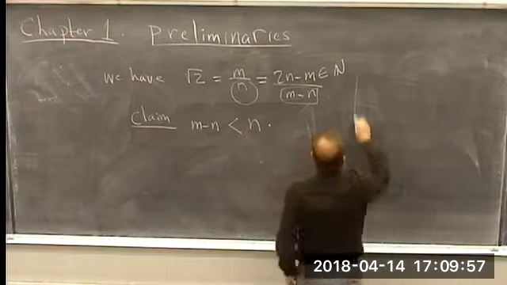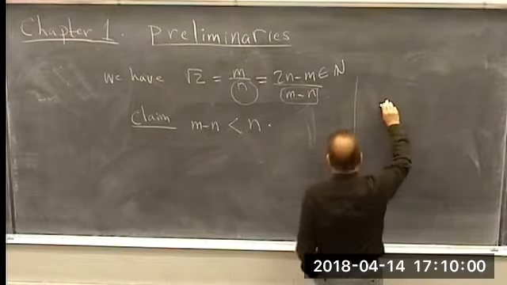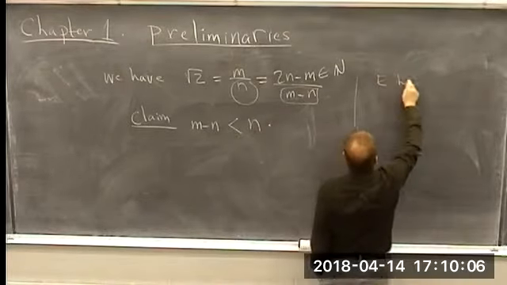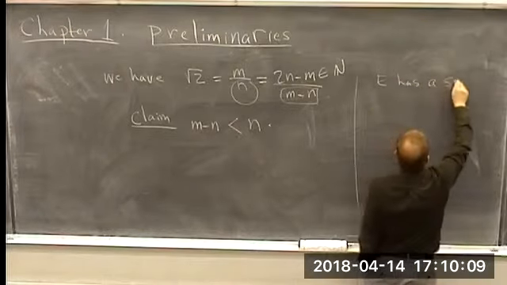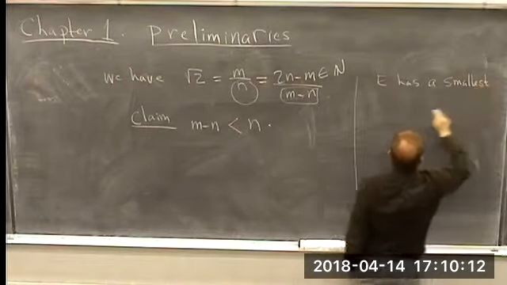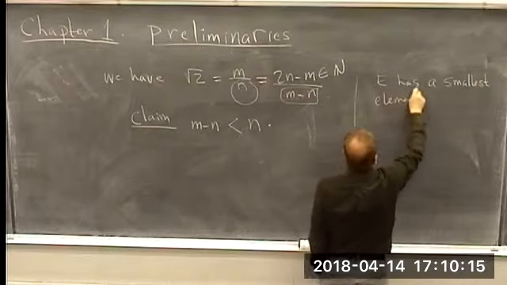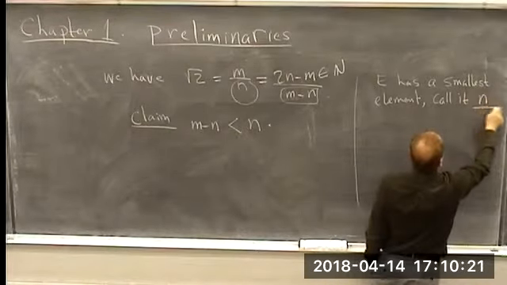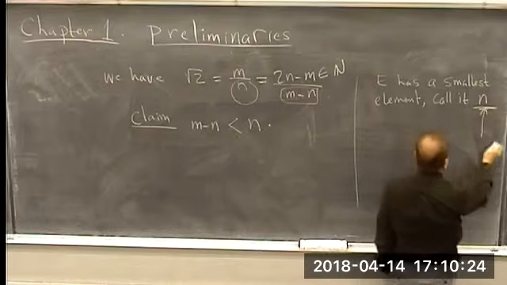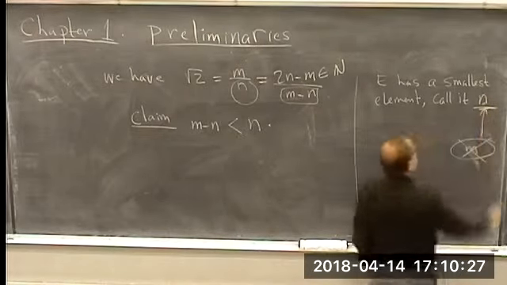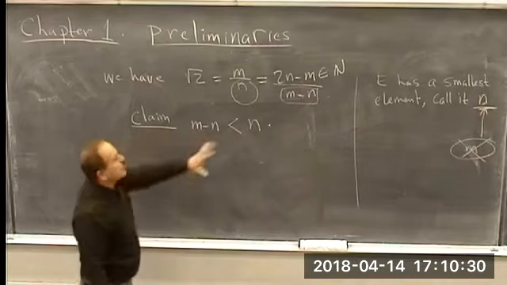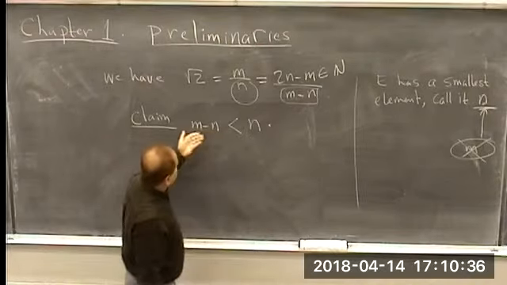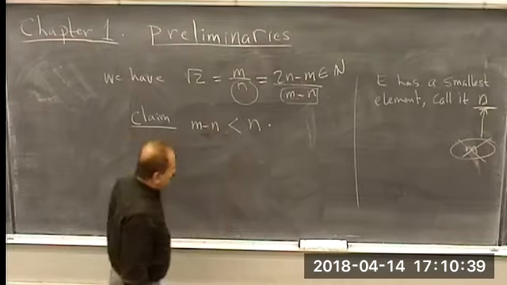In the statement I made about the well ordering principle, we're going to say that E has a smallest element. We're going to call it N. I'm sorry, what I wrote is actually M, okay? So M is incorrect. N. Everything else is true, but actually the denominator I want to be the smallest. All right? So I'm going to show that m minus n is going to be actually smaller than n.